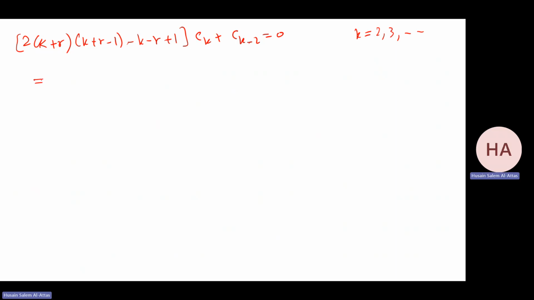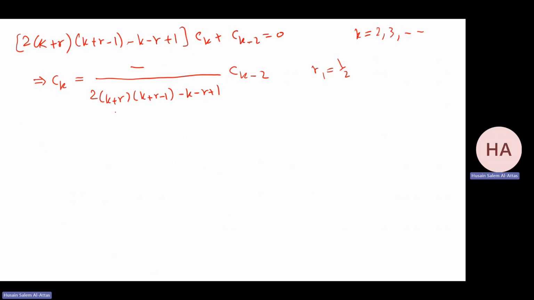So that implies CK will be equal to minus C(K minus 2) over 2(K plus r)(K plus r minus 1) minus (K plus r) plus 1. I'm getting r equal to half, so let me fix this. r1 equal half.